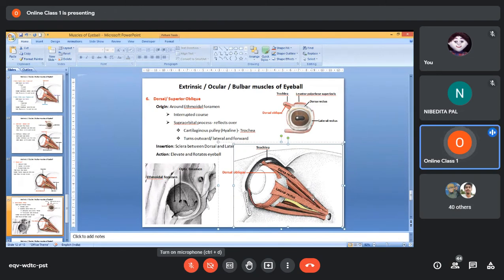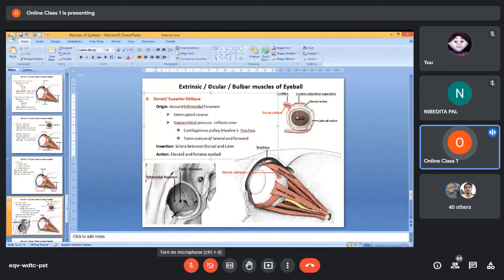From here, it will go forward along the medial wall of the orbit. Then around the supraorbital process, it will reflect over the trochlea, that is the pulley-like structure. Then it will turn forward and outward and will move below the dorsal rectus, beneath the dorsal rectus, and will insert on the sclera between the dorsal and lateral rectus.